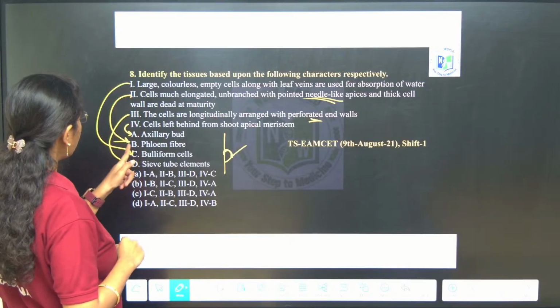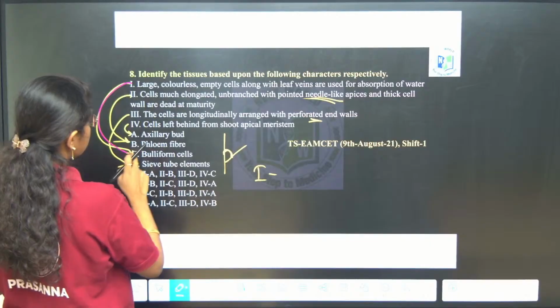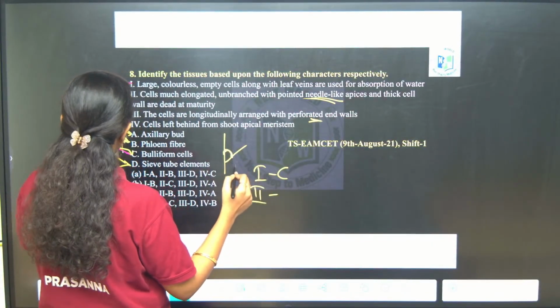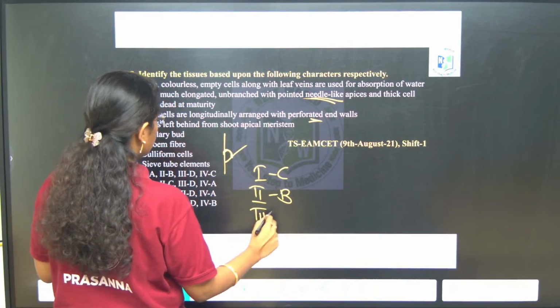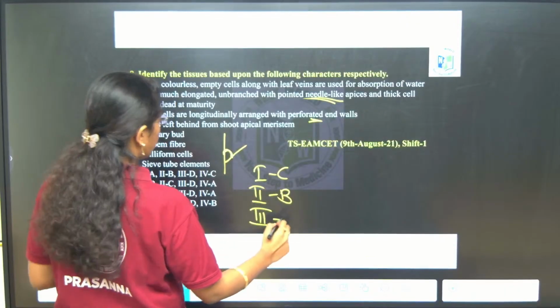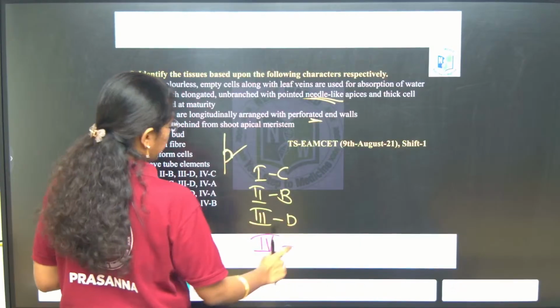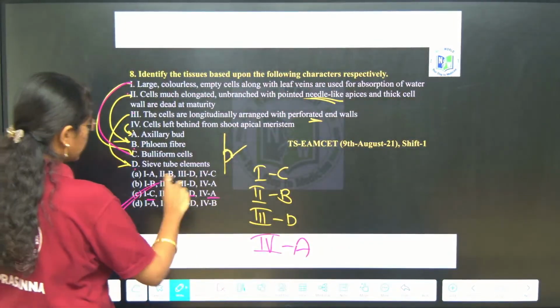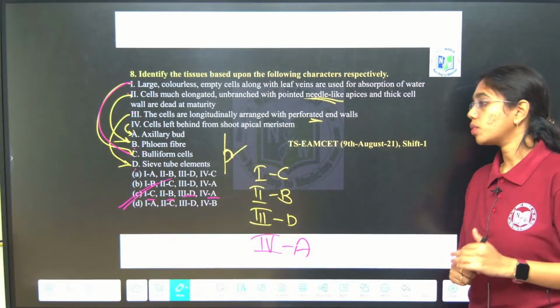So here 1 is C, 2 is B, 3 is D, and 4 is A. So here 1C, 2B, 3D and 4A. Option C is the right answer. Clear, right? Yeah. Next question.